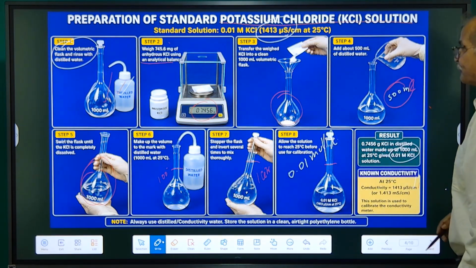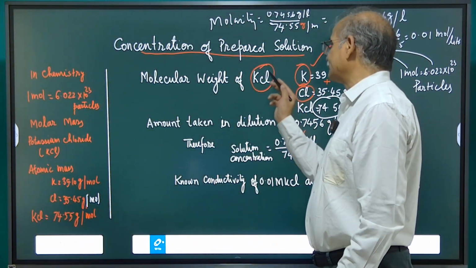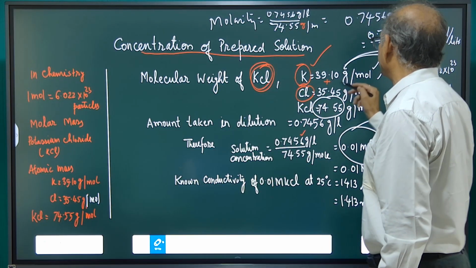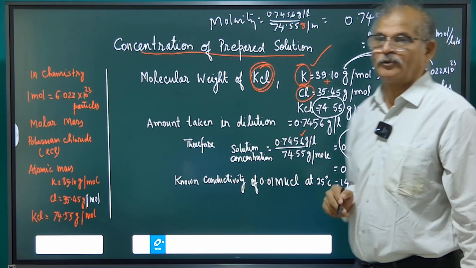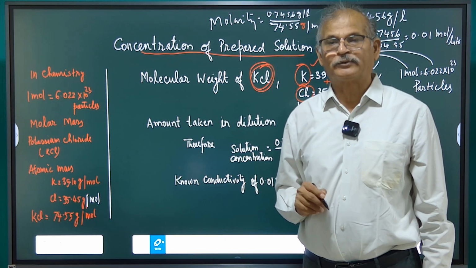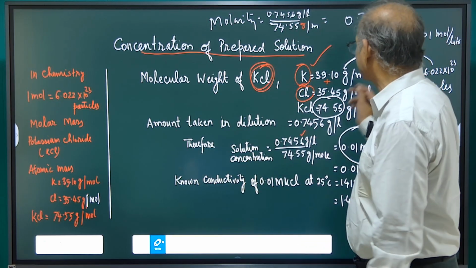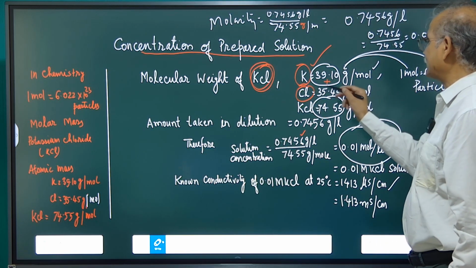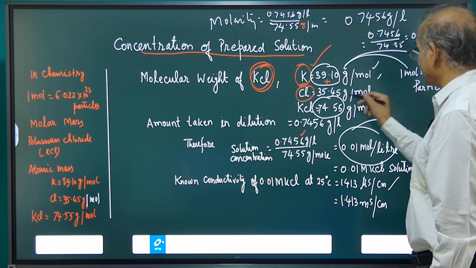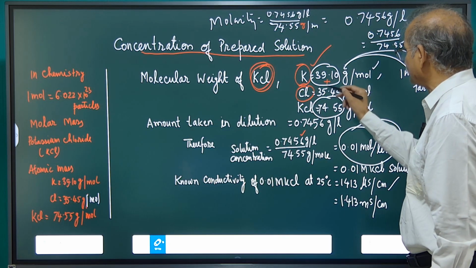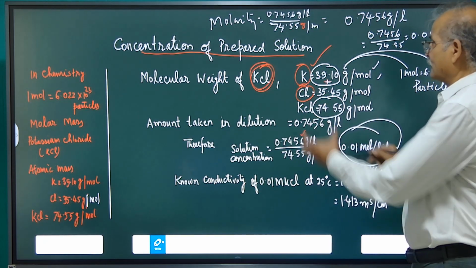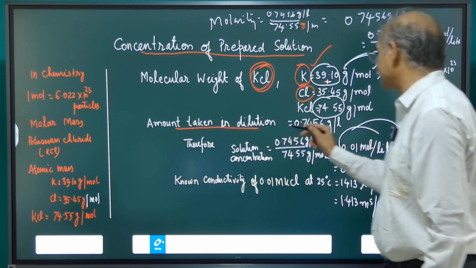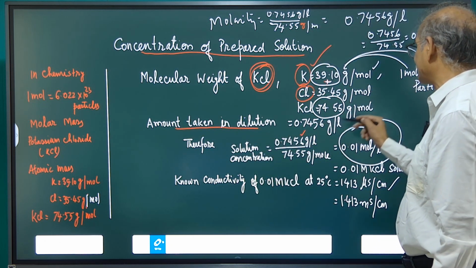We can also check this with a calculation for potassium chloride. The atomic mass of potassium is 39.10 gram per mole, and we know that 1 mole is 6.022 times 10 to the power 23 particles. Chloride is 35.45 gram per mole. Adding both, we get KCl as 74.55 gram per mole, and the amount taken in dilution is 0.7456 gram per liter.